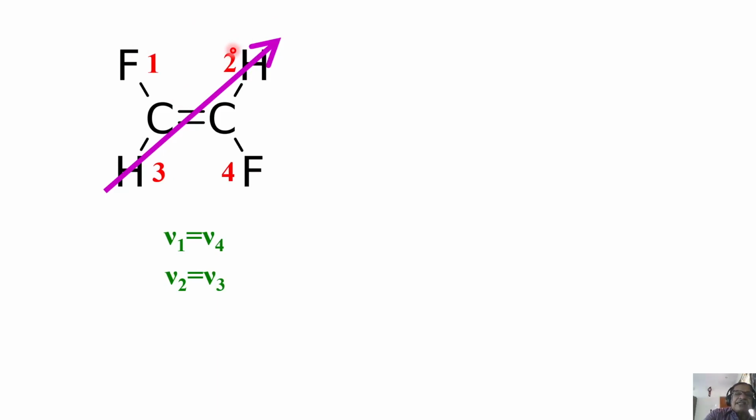Otherwise, if I attach some X here, or another functional group here, then there is no symmetry. So in the proton spectrum, we have two different peaks. Similarly, in the fluorine spectrum, we have two different peaks. In this example, because of symmetry, this proton and this proton are equivalent, and this fluorine and this fluorine are equivalent. And what about other interaction parameters? We'll come to that later.